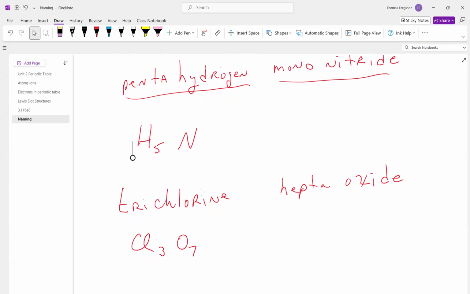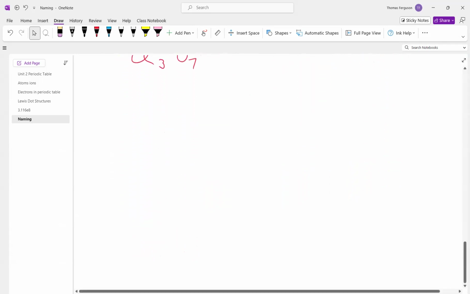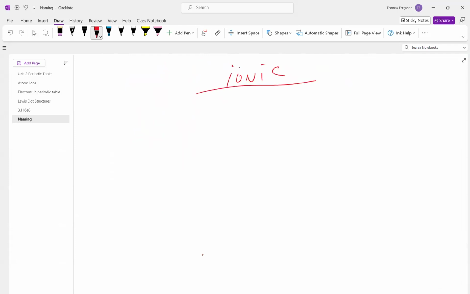Well, the charge balancing forces numbers. You'll see in a second here what I'm talking about. All right, so let's go ahead and look at ionic now. Ionic is also in two parts.